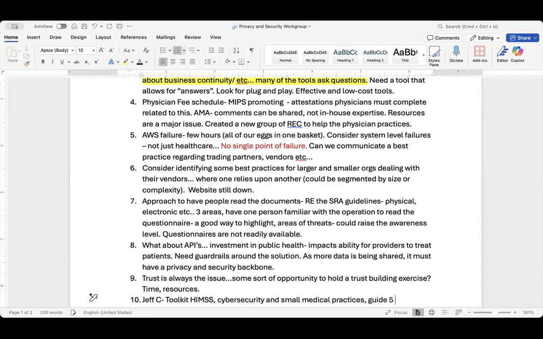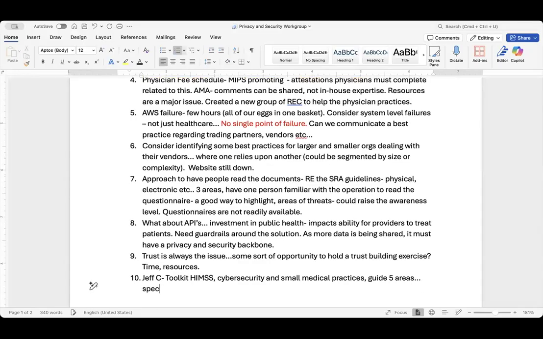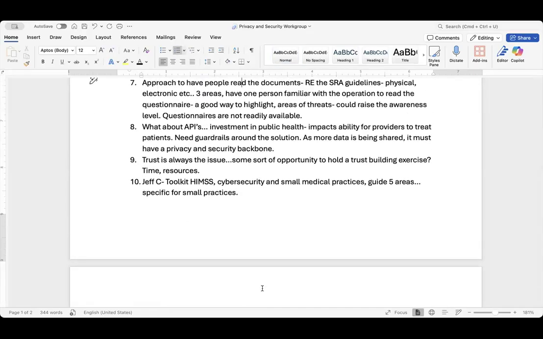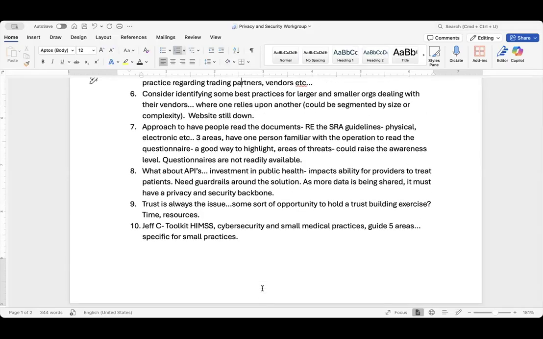Again, not a huge undertaking, but in terms of communicating with small practices, you have to make it as simple as possible, since practices likely don't have a dedicated security person, or if they do, they're probably wearing 10 different other hats to help manage the practice. So I just put it in there as maybe a model to think about.